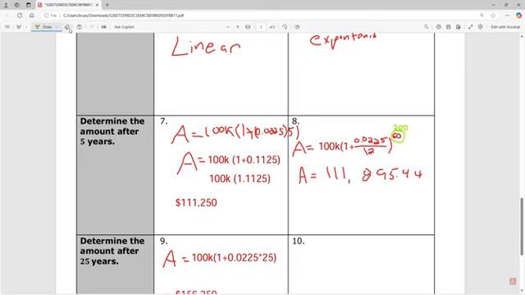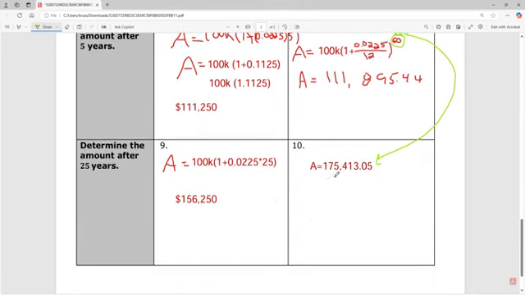So now my new equation, when I change that number to 300, comes out to be A equals $175,413.05. Okay, so you can see that this value is significantly bigger over the long run. You made $75,000 instead of $56,000, and a few little small differences, right?